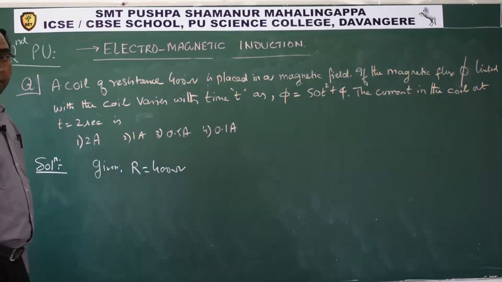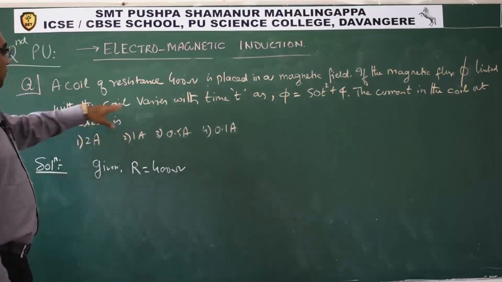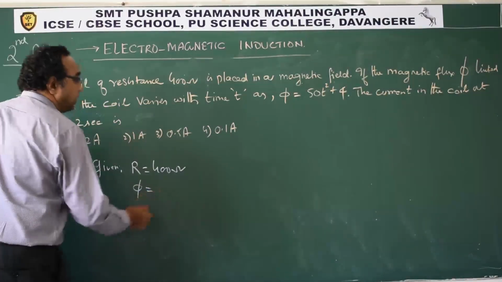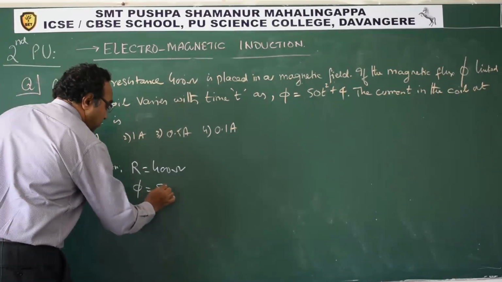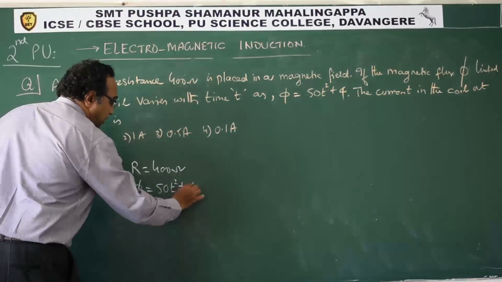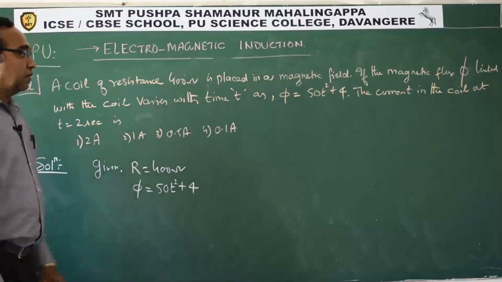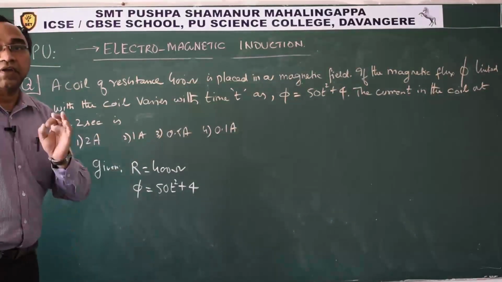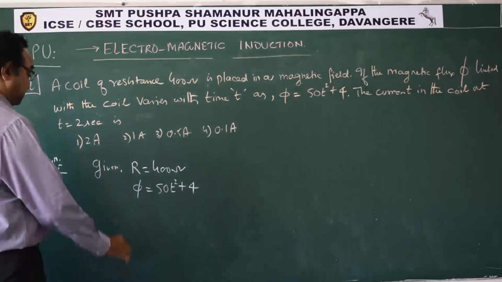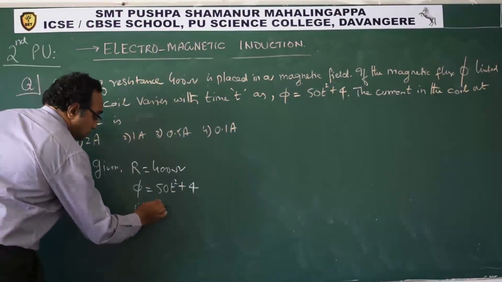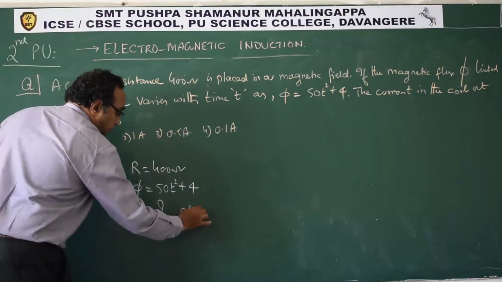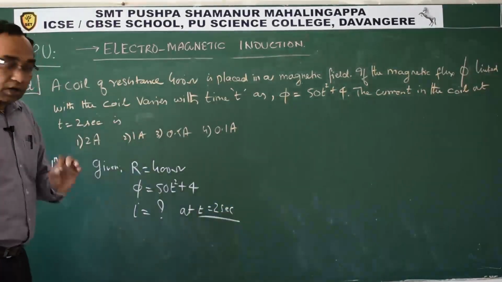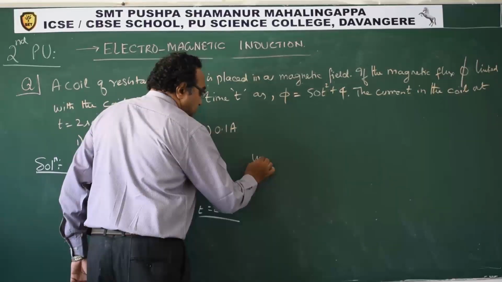If the magnetic flux phi linked with the coil varies with time, so phi is 50 t square plus 4. The current in the coil at t is 2 seconds. So we have to find current at t is 2 seconds.